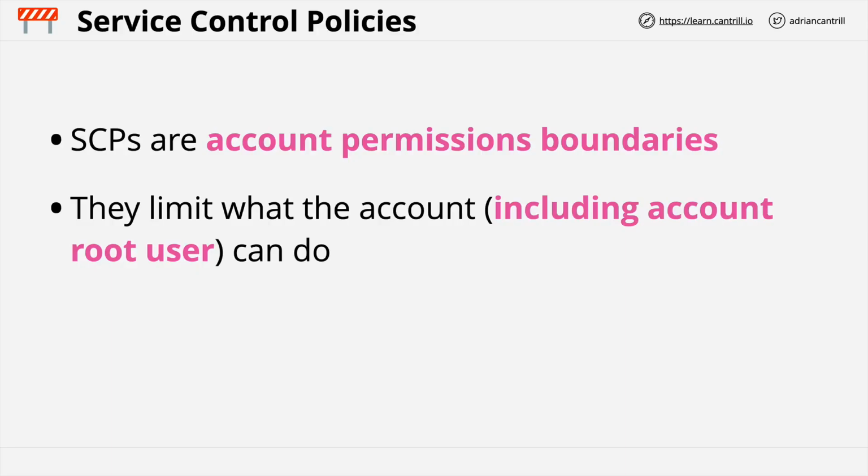The account root user always has full permissions over that entire AWS account, but with a service control policy you're actually restricting what the account itself can do, specifically any identities within that account, and so you're indirectly restricting the account root user because you're reducing the allowed permissions on the account. You're also reducing what the effective permissions on the account root user are.